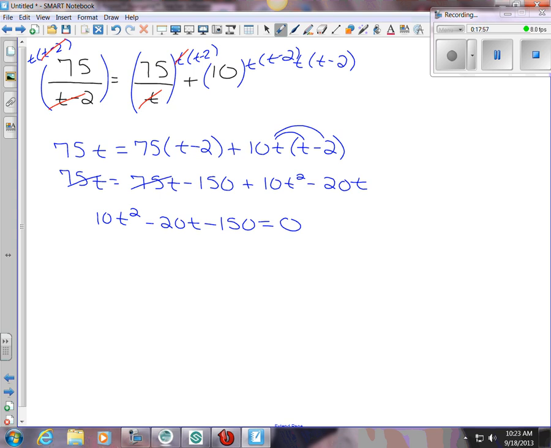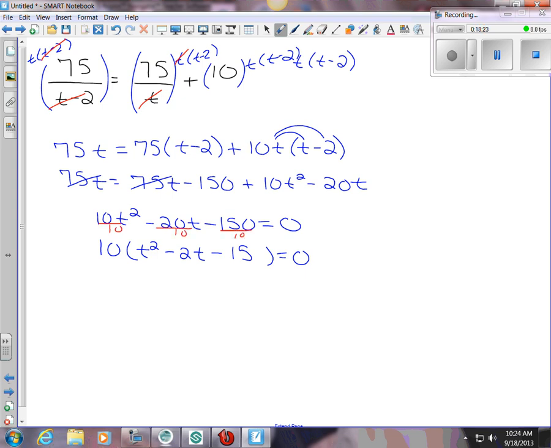All right, now what? Good. What's my GCF? T squared. Good. T squared minus 2t minus 15. Again, how do we get that? Yeah, you take that GCF and divide it into everything that's up here.